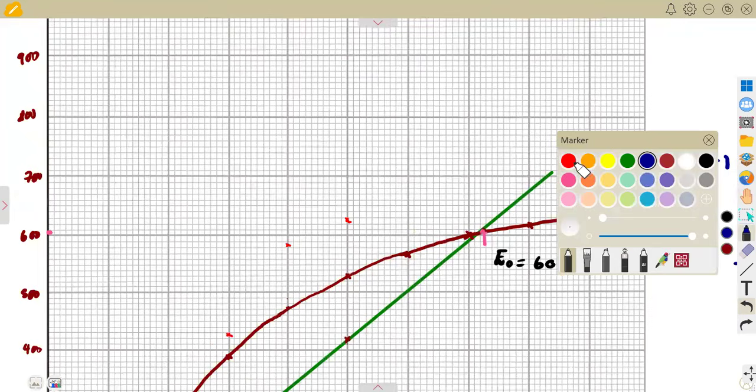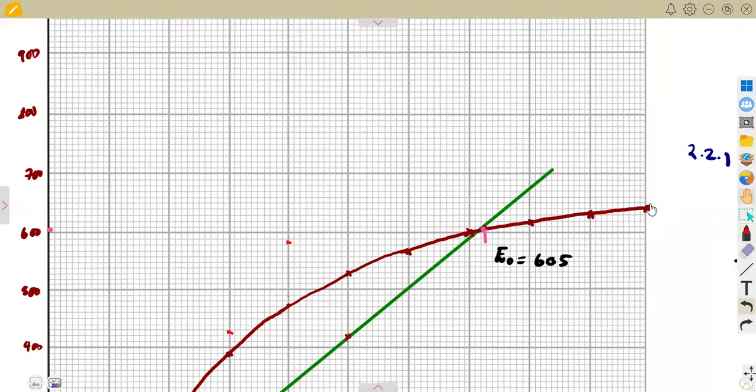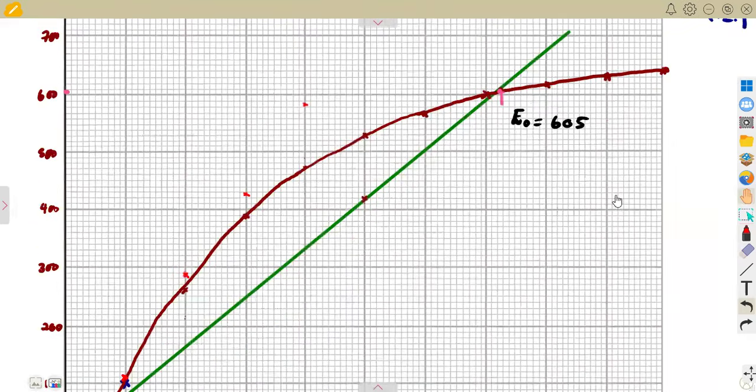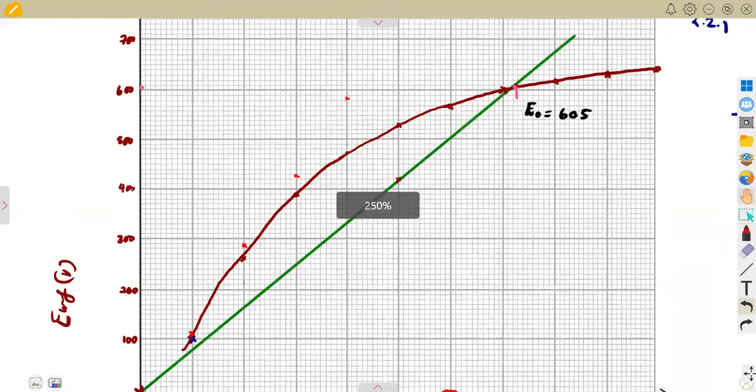Meaning to say this point is actually wrong. This one is also wrong, because it was 5 versus 6. Guys, here I have affected a lot of points.